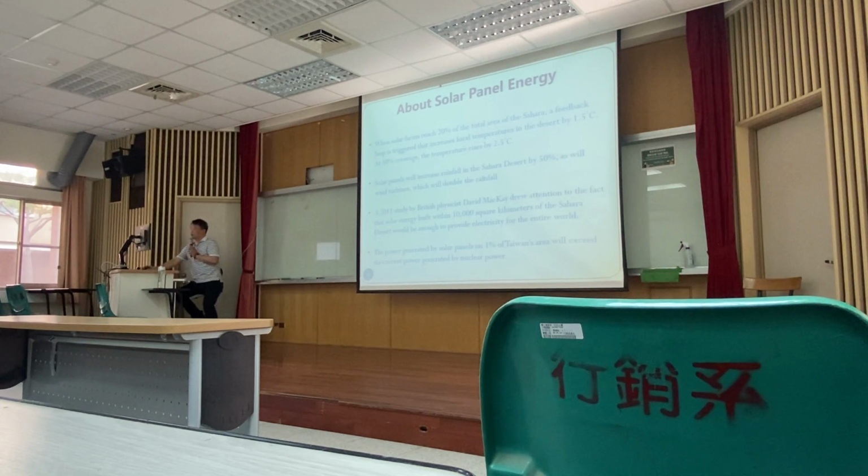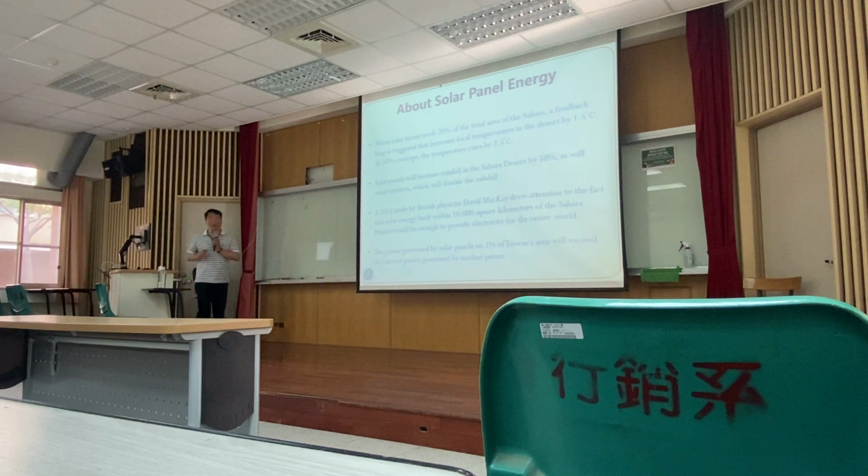So this is some fact about solar panel energy. Last time I mentioned scientists have done research on the Sahara Desert: if humans build solar energy there, how much land do we need to supply the electricity globally?